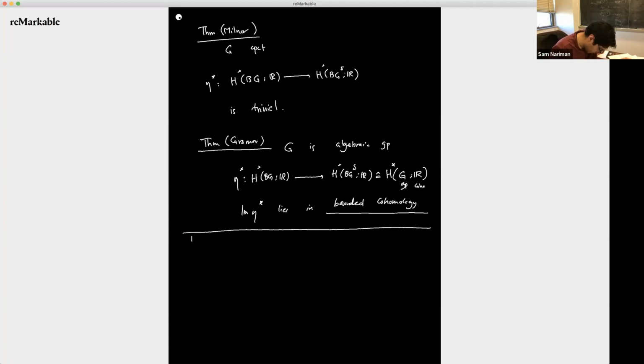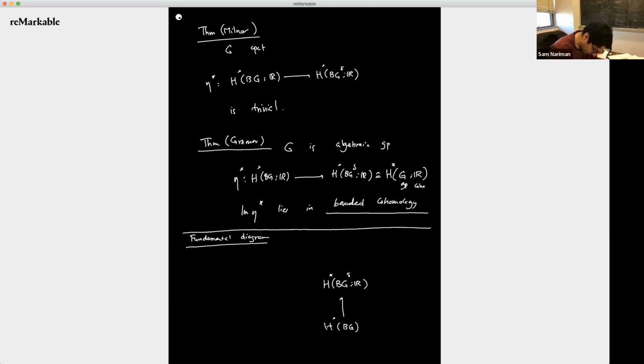Let me say it as a fundamental diagram. I will try to fit it in this part of the page. Hopefully I can do that. So let me write the cohomology of BG delta with real coefficients, and the cohomology of BG, again with real coefficients.